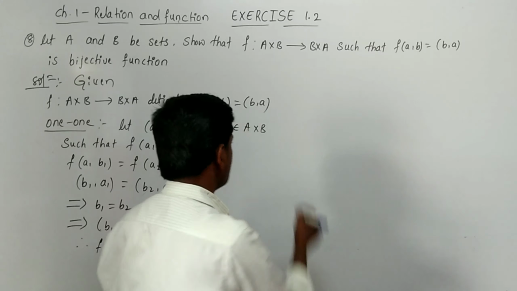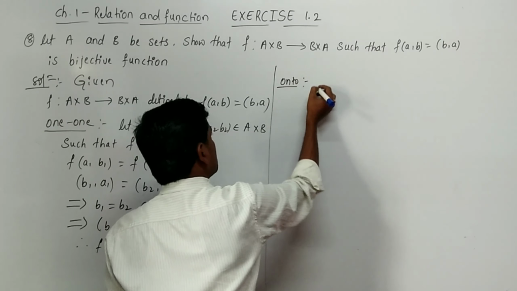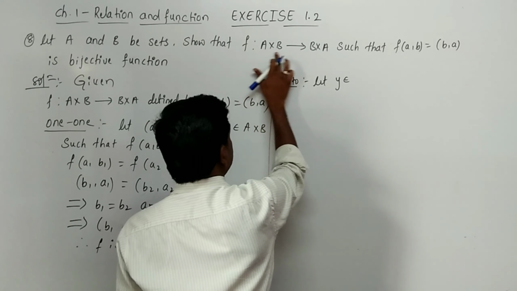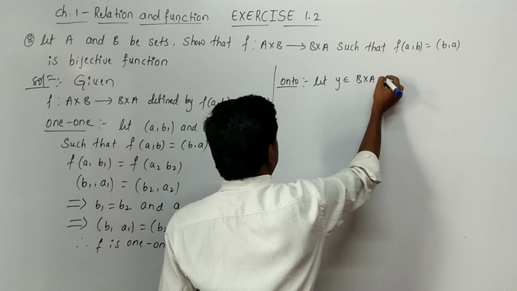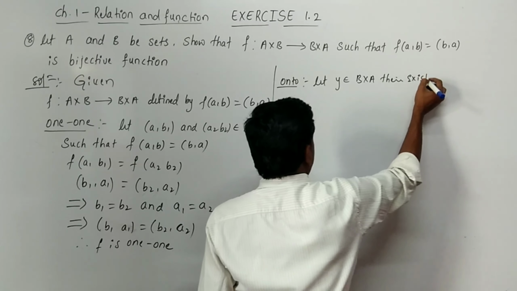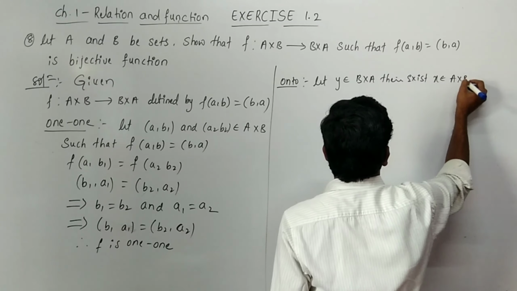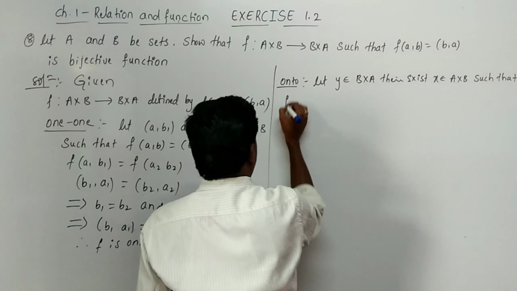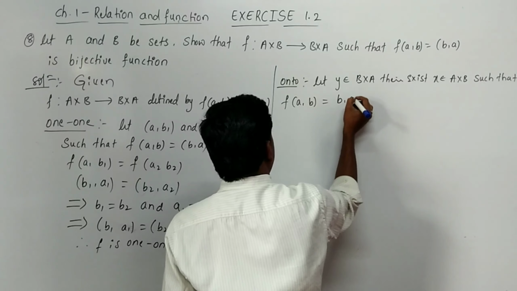See, the function is onto. Let y belong to the codomain, here y is (b, a). There exists x belonging to A cross B such that f of (a, b) is (b, a).